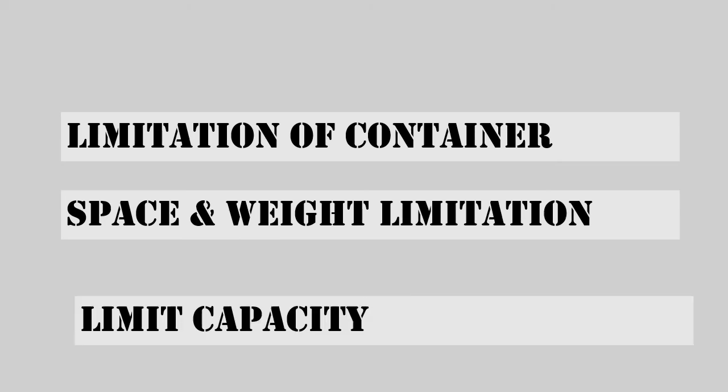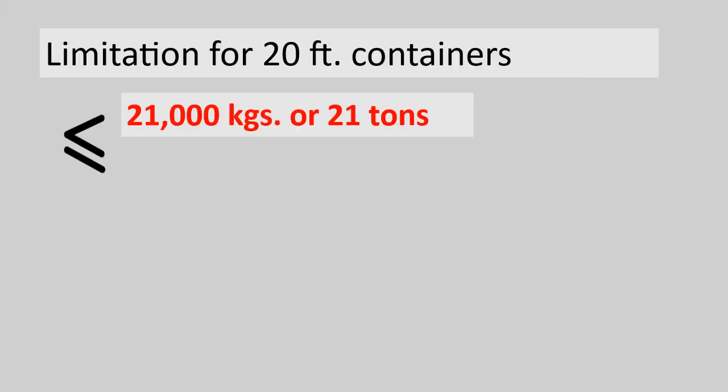For a 20-footer container, the weight limitation is capped at 21,000 kilograms or 21 tons. So, the maximum loading capacity is limited to 21 tons. However, we should take note that in terms of cubic meters, the limitation is capped at 33 cubic meters for 20-footer containers.